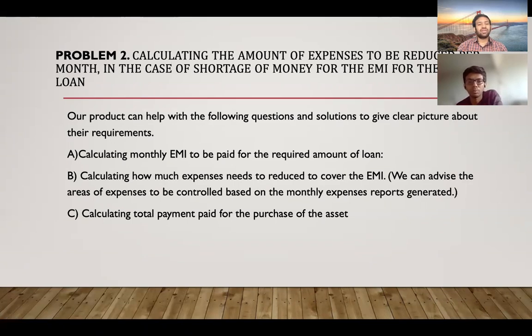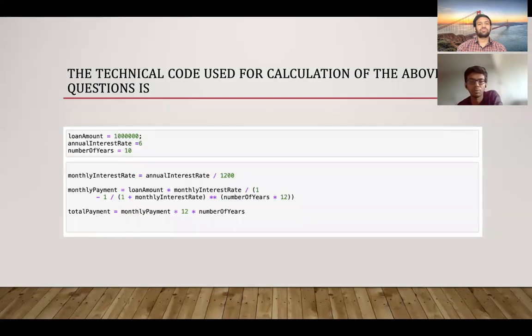Here we can advise the areas of expenses to be controlled based on the monthly expense reports generated. Calculating total payment paid for the purchase of the asset. The technical Python code used for calculation of the above questions is shown here. We used a few variables like loan amount, annual rate of interest, and number of years.